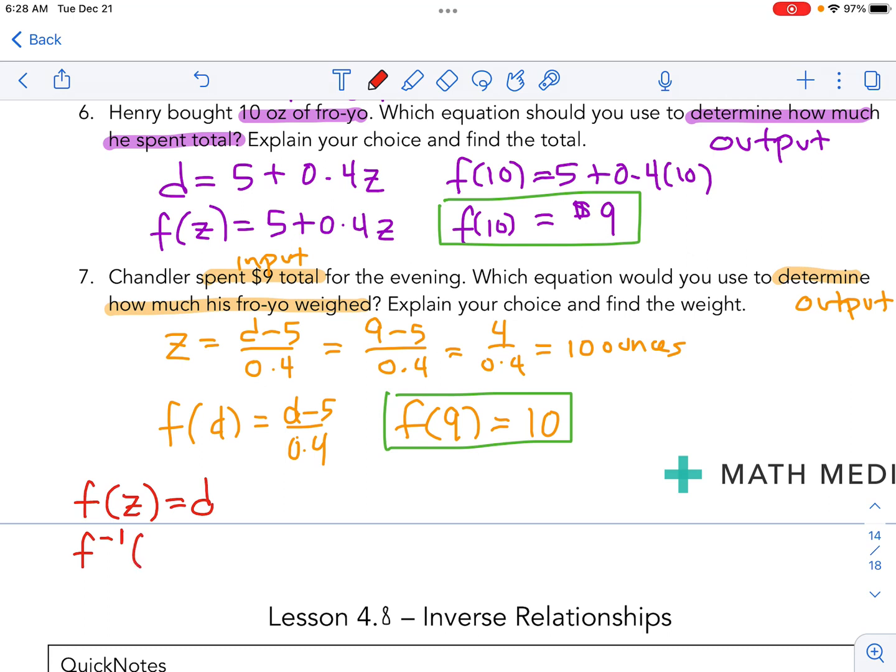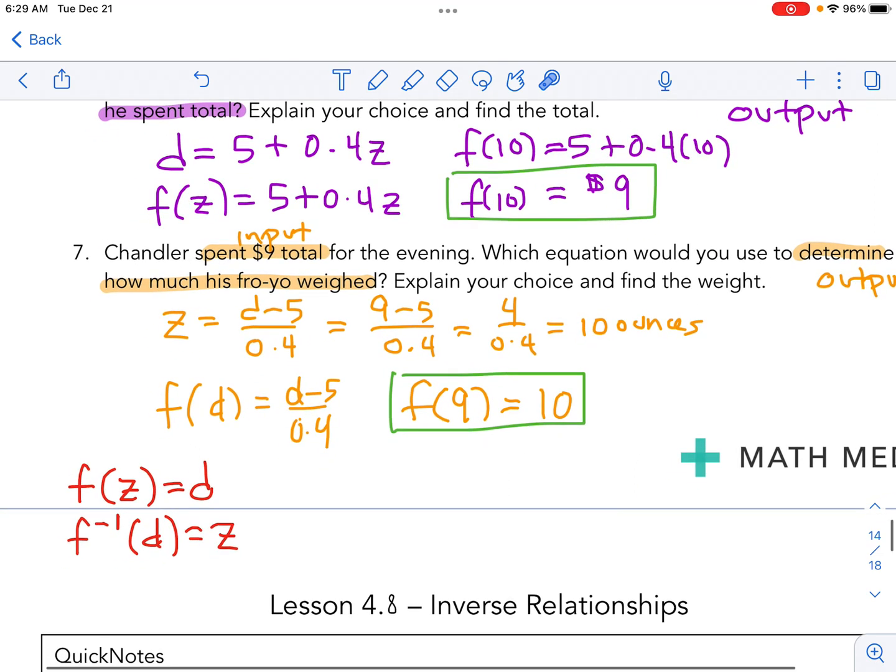And the notation we use is a little -1, and then we can switch the variables. So this notation, f to the -1, is called the inverse notation. If we solved for the other variable, then our inputs and our outputs switch. So now that inverse is knowing the number of dollars we have and figuring out the number of ounces of yogurt we can buy.